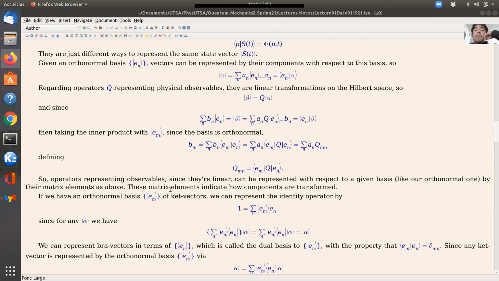So if you have an orthonormal basis of ket vectors, En, remember that this is the ket notation, we can represent the identity operator by this. You probably saw this before, but it's easy to prove why this is essentially the identity matrix. It is because, okay, think of this. Let's apply this operator to a vector alpha. What is it going to do? First, it's going to do inner product with the En.